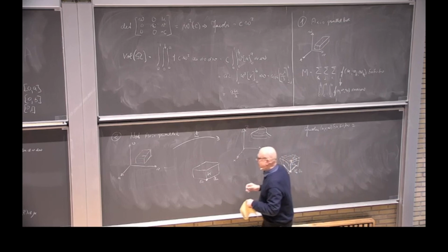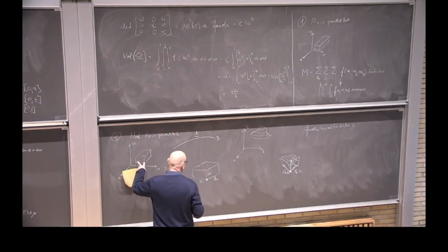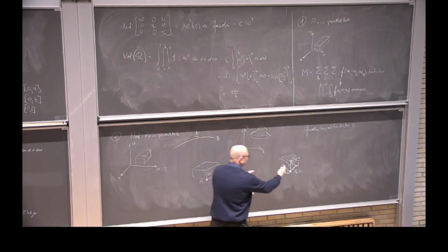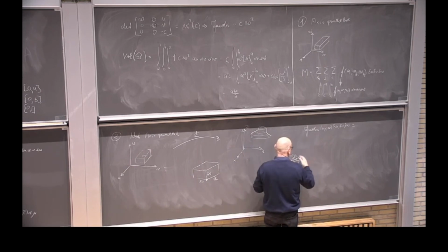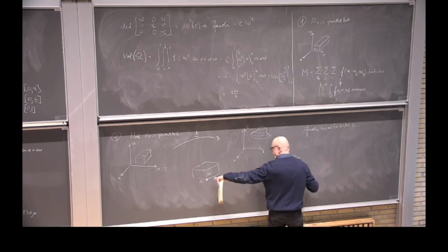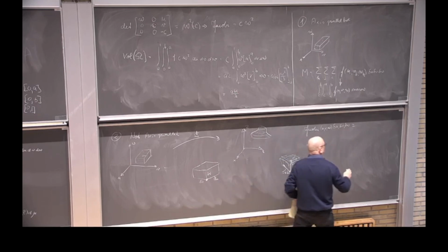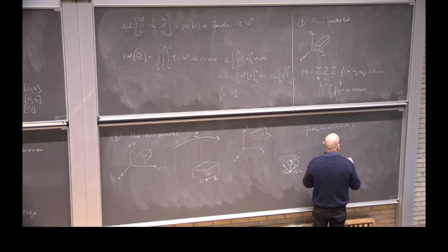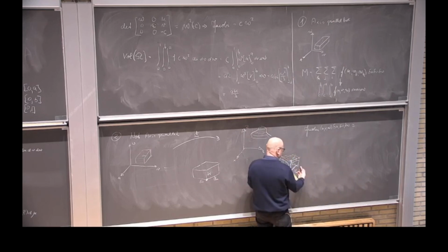Because you're mapping this into this, the Jacobi function times the volume of the original box here will be equal to the approximate volume over here.